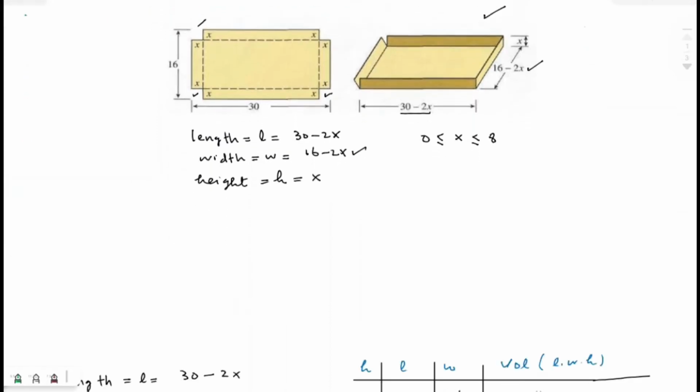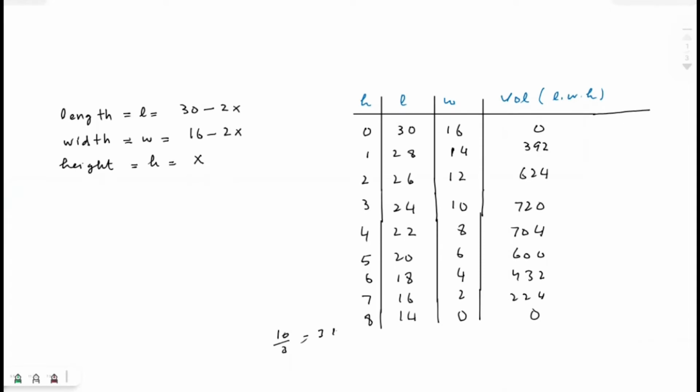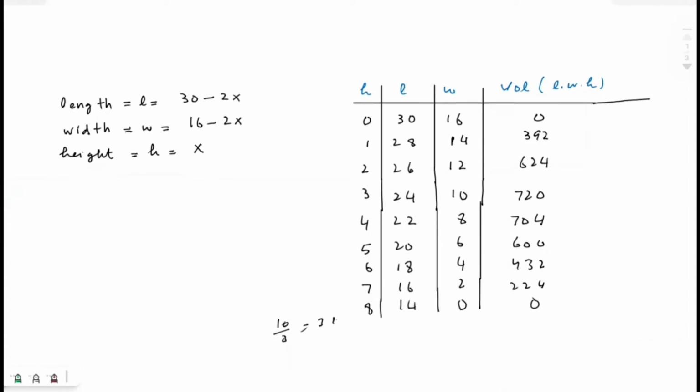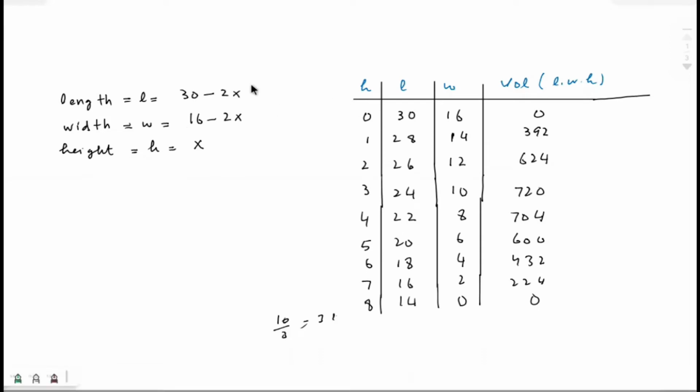Before applying any procedure, we can check it by a tabular form. So this is the length, width, height, and volume, which is the product of these 3 dimensions.